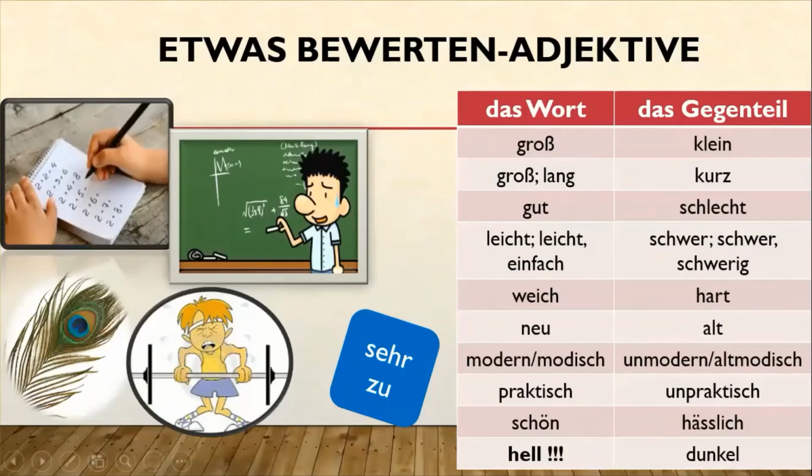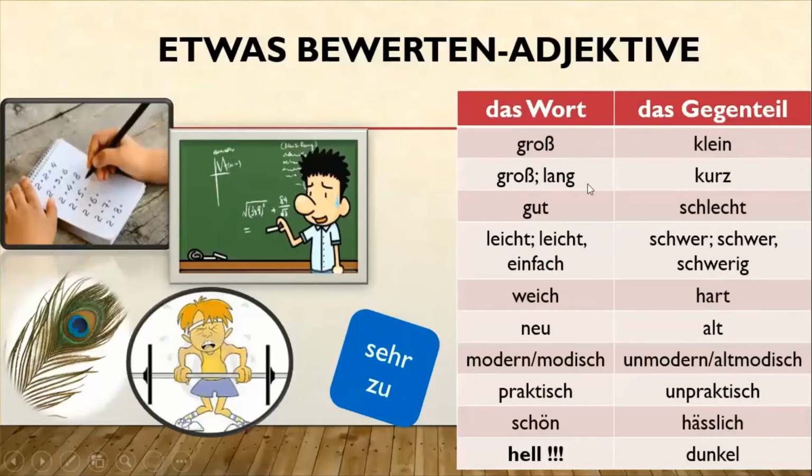So we have one adjective, and we have its opposite, which is das Gegenteil. So big and small, groß, klein.